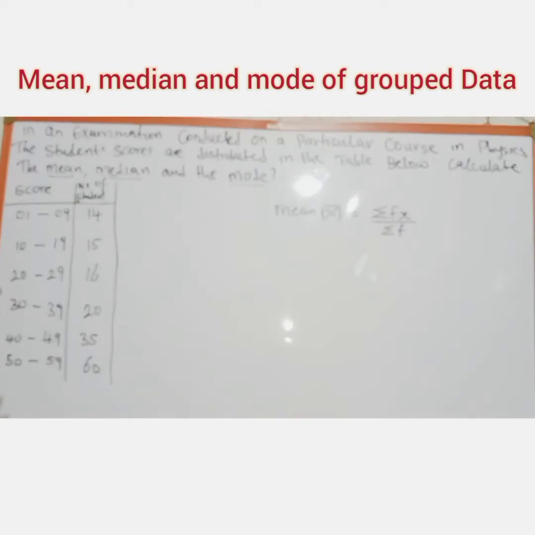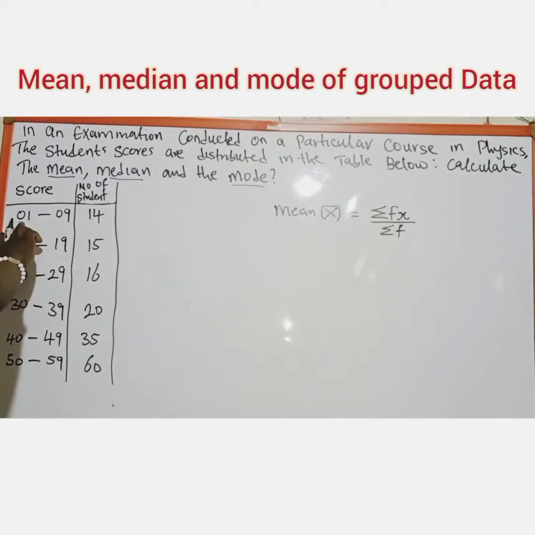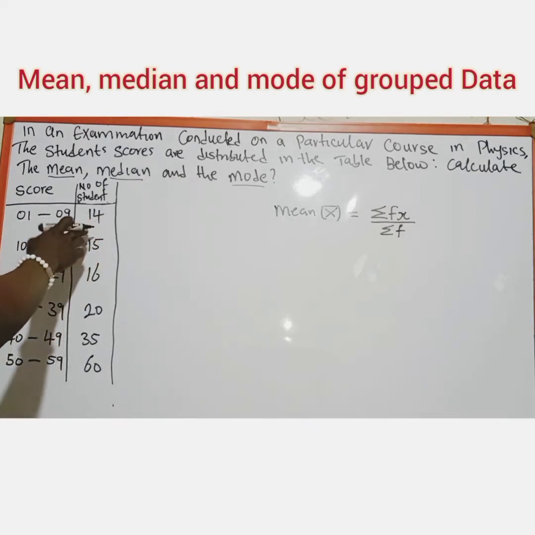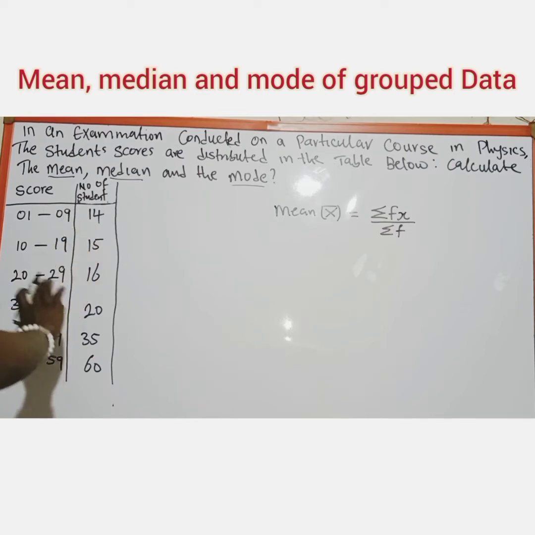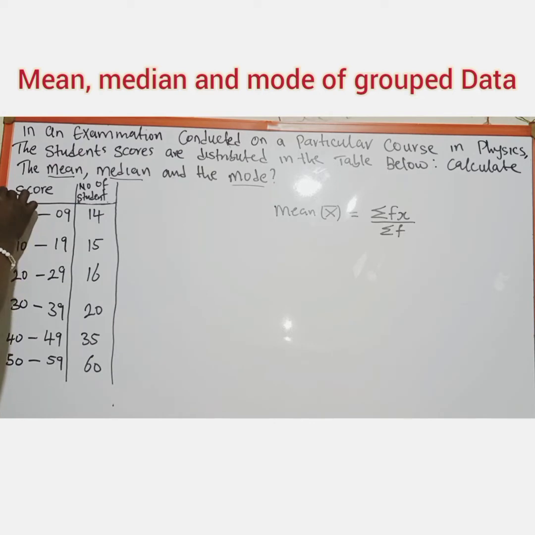If you look at the table, we have the score from 1 to 9. So 14 students score between 1 to 9, and this represents the lower class boundary, and this is the upper class boundary. So this score can also be written as the class interval.